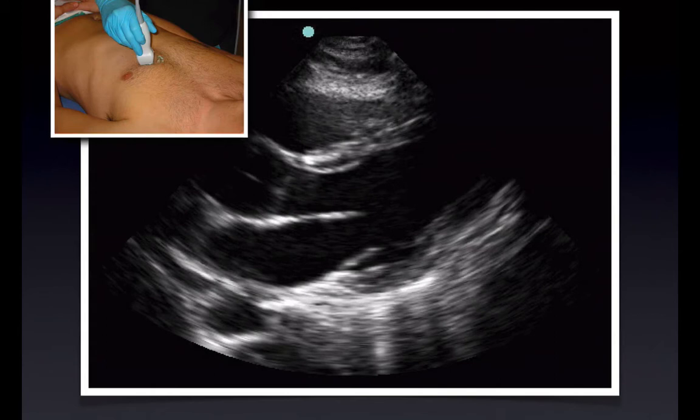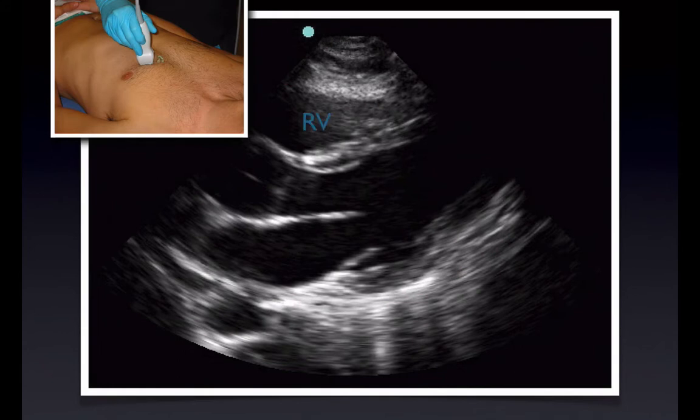The superior portion of your screen is always where your probe is touching. So in this case, you would be looking at the muscle wall, and anatomically, the right side of the heart is the more anterior. So you're going to be looking at the right ventricle, and as you go deeper, you're going to see the left ventricle, the left atrium, and you should be able to see the aortic outflow tract.